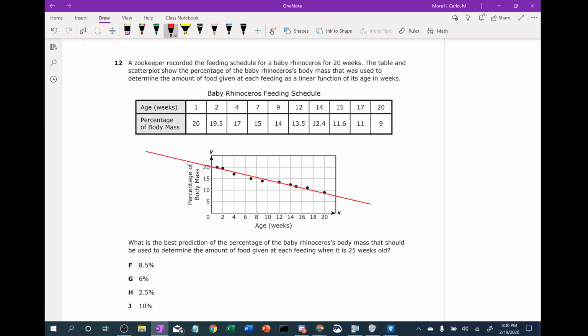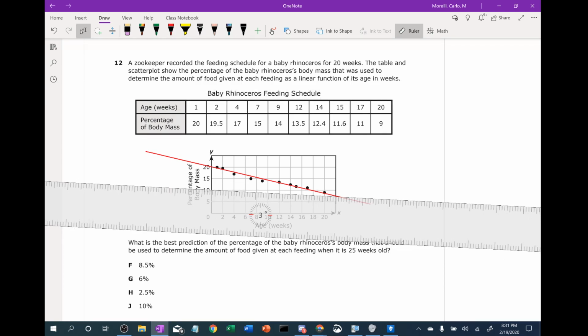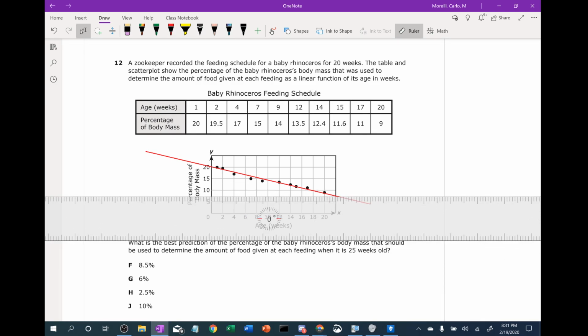So we can actually eliminate one of our answer choices. We can eliminate 2 of them, actually. Let me show you what I mean. It would be H and J that we could eliminate, but let me show you why.